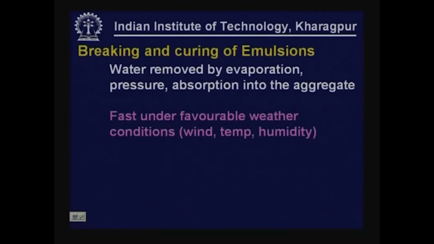The water is normally removed by evaporation. It can be by mechanical means, application of pressure, or absorption into the aggregate. It normally happens faster under favorable weather conditions, such as wind, temperature and humidity.